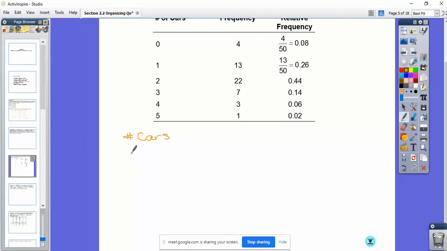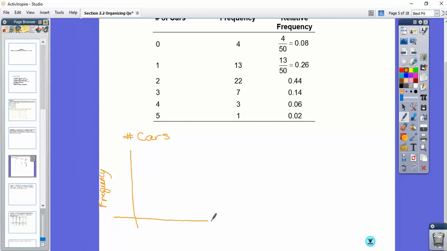If I'm making a frequency histogram, then my vertical axis is my frequency. My horizontal axis would be my different classes, which in this case is number of cars.